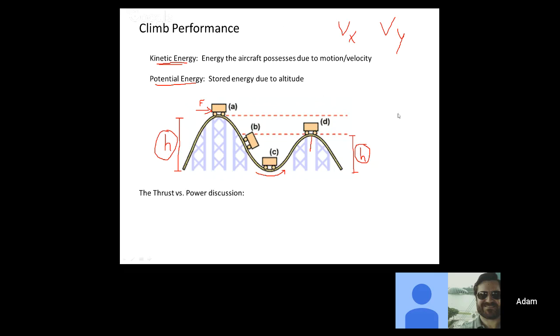Well, I guess our roller coaster did have a force applied to it. But the energies that you'll consider when you're talking climb and descent are kinetic, potential, and thrust. And as we've discussed before, thrust is one of the 4 fundamental forces of flight. It's a force, measured in pounds, or if you're a metric type person, newtons.